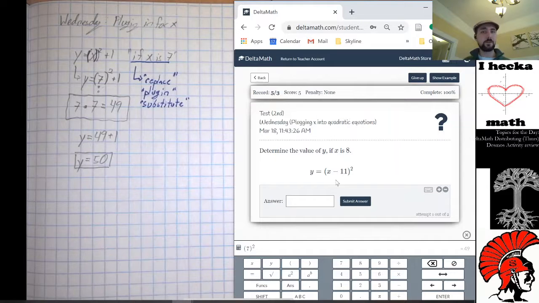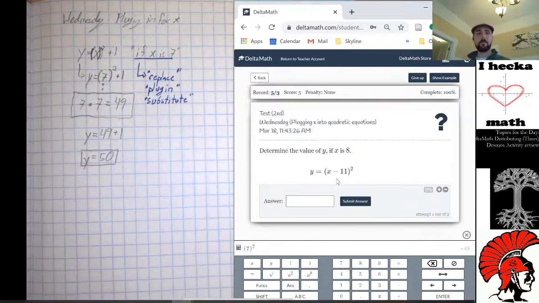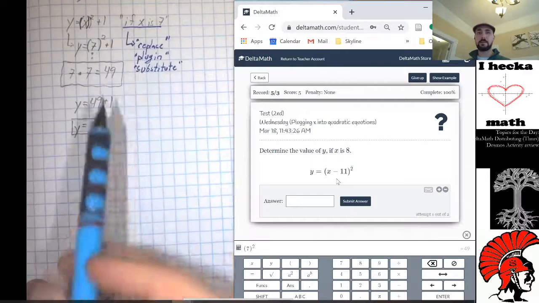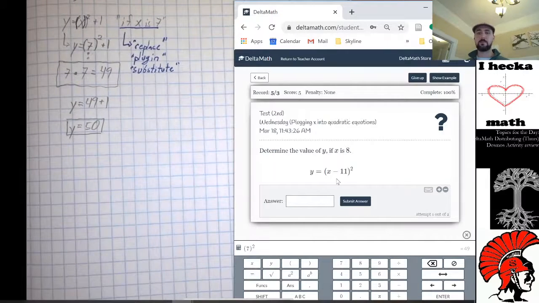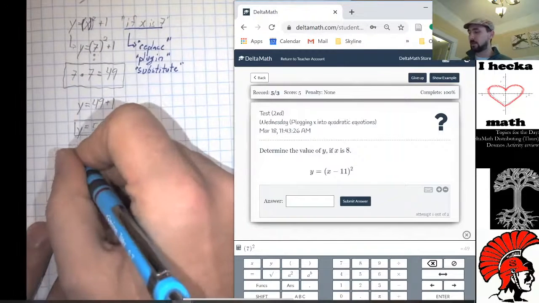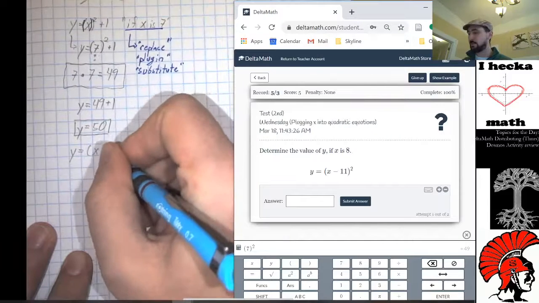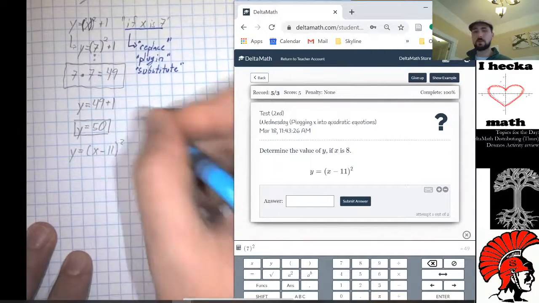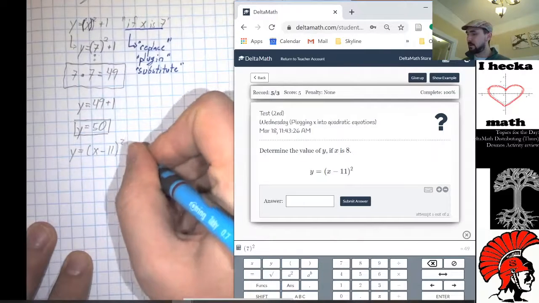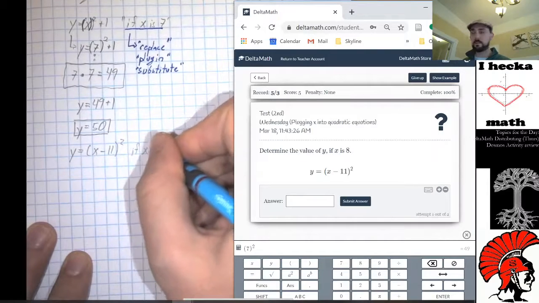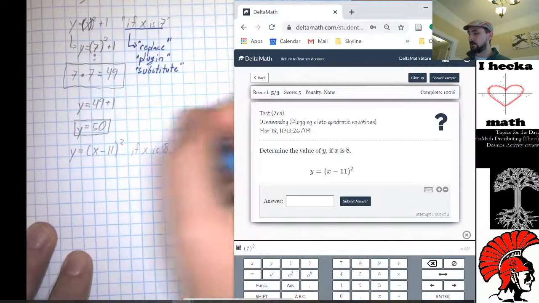Cool. I am going to do this one because the setup is slightly different, but I'm going to skip a lot of the other stuff about replacing and plugging in. I'm just going to focus on what happens when the parentheses are around not just the x, but the x minus 11. So copy this down, y equals (x minus 11) squared if x is 8.